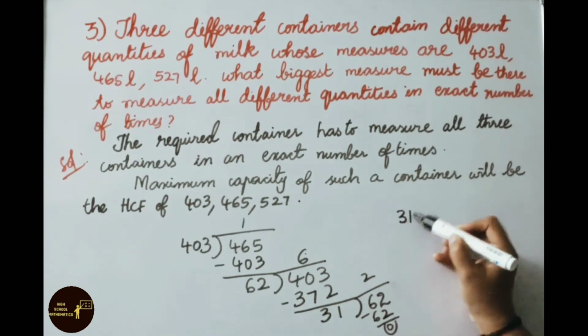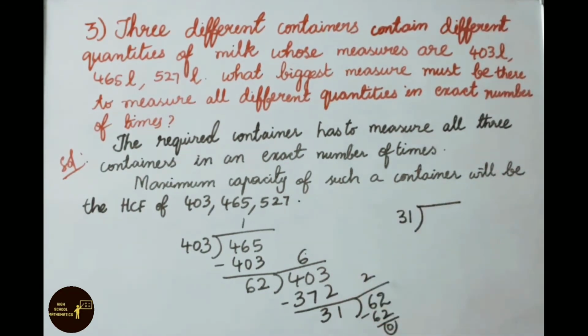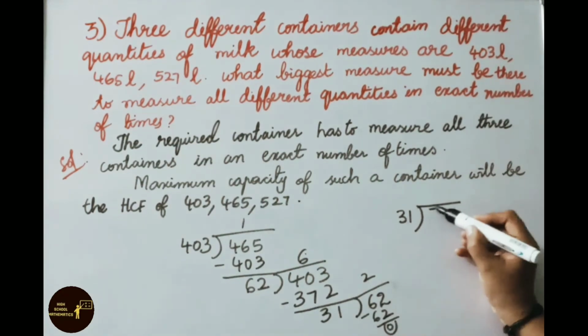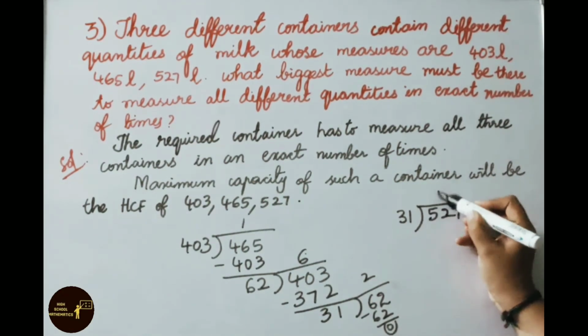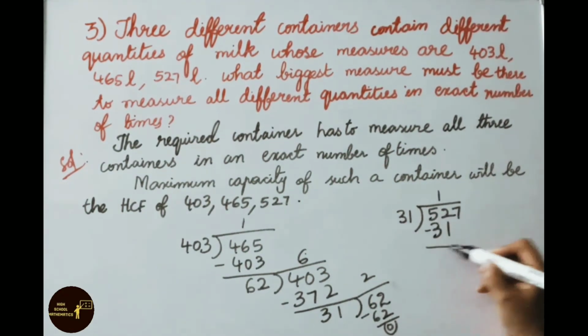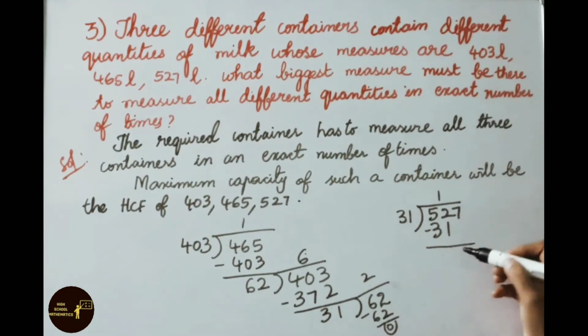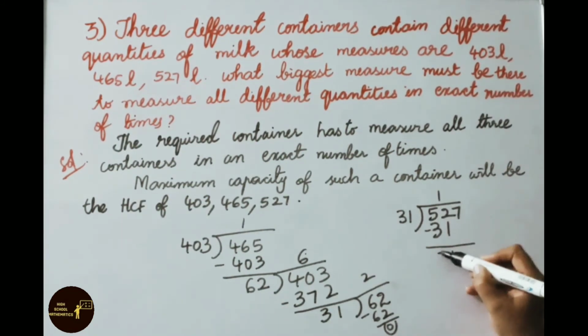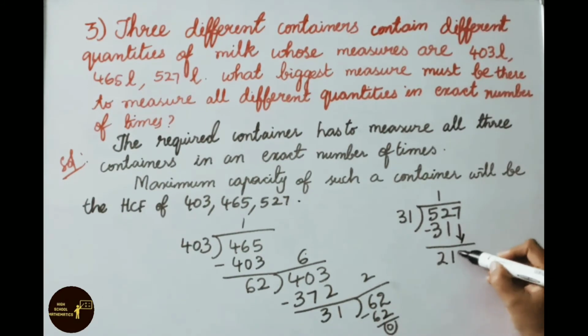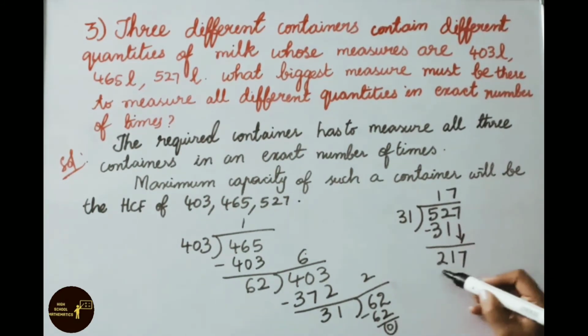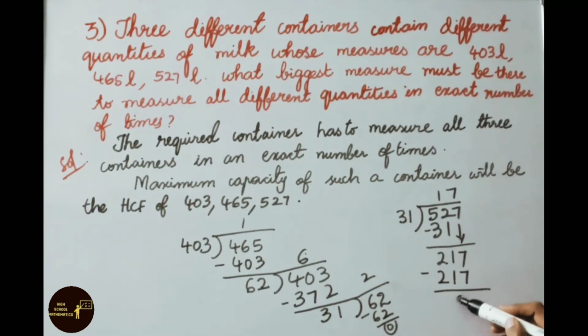Now with this HCF 31 we have to divide the third number 527. 31 ones are 31. Let us do subtraction. 2 minus 1, 1. 5 minus 3, 2. Get down this next number 7. 31 sevens are 217. Therefore, 217 minus 217 leaves a remainder 0.